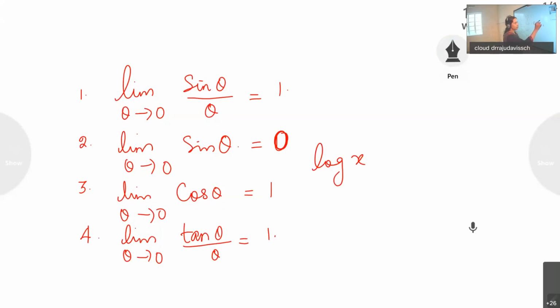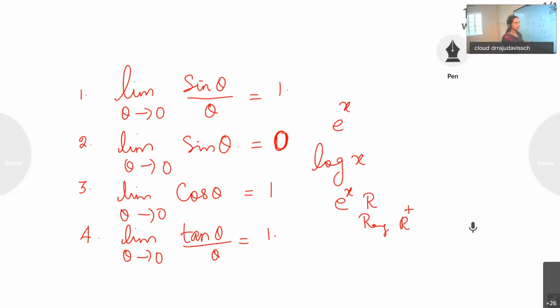We learned about the exponential function, e raised to x. For the exponential function, the domain is the set of all real numbers and the range is the set of all positive real numbers.